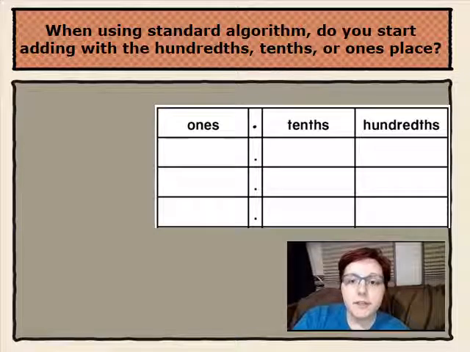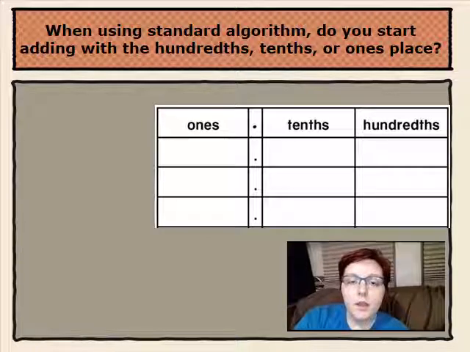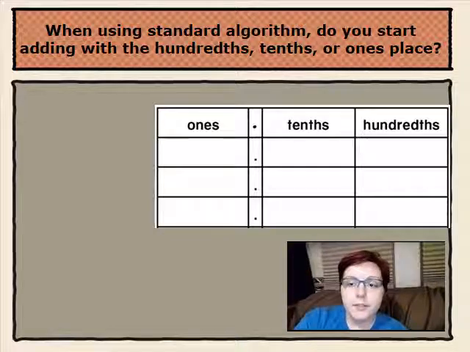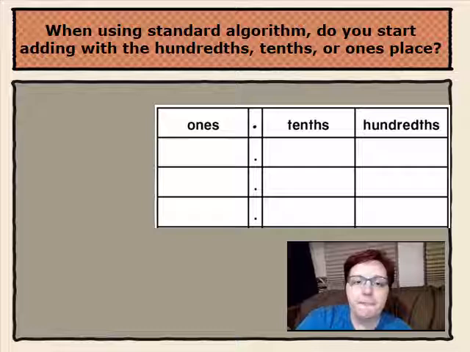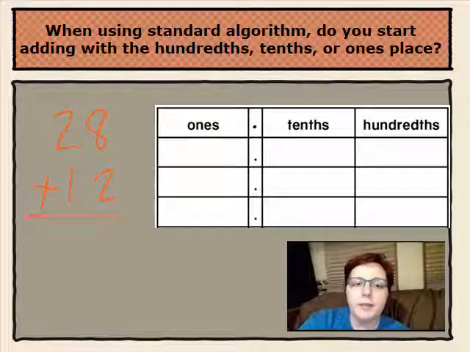When using standard algorithm, do you start adding with the hundredths, tenths, or ones place? On the screen, we have a place value chart of ones, tenths, and hundredths. Now before I answer this question, let's say we have 28 and 12, and we're adding them together.